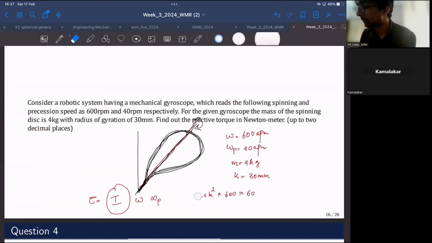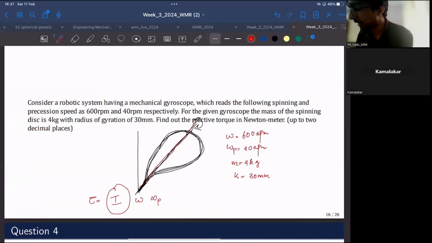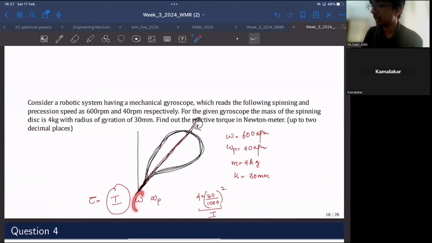The correct numerical substitution would be mass, that is 4 kilograms, times k square, that is 30. If you convert everything into meters, you have to multiply it by 1000, m k square. So this is the moment of inertia. Then you have this omega, the spinning speed, but that is given in RPM, revolutions per minute. You have to convert that into radians per second.